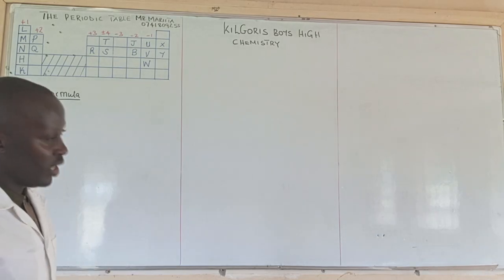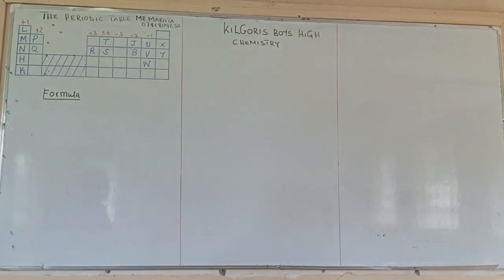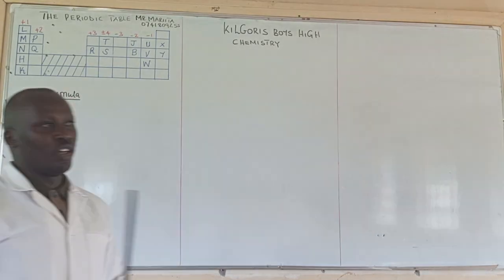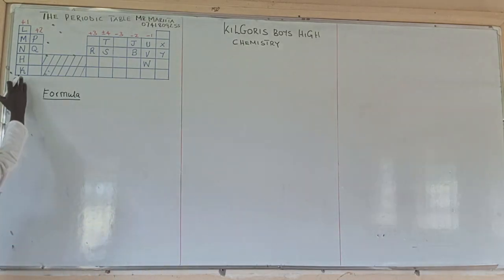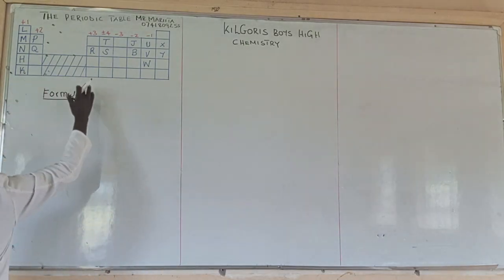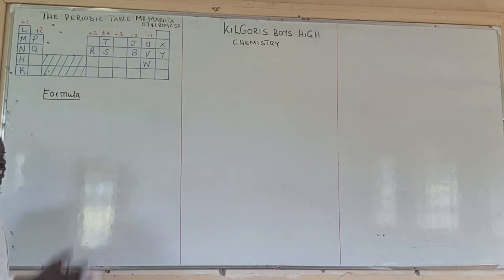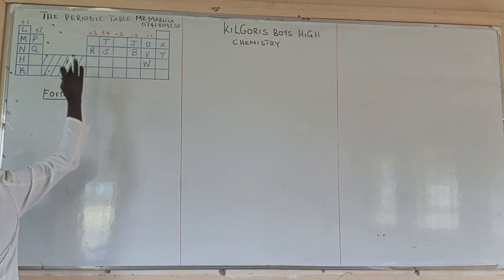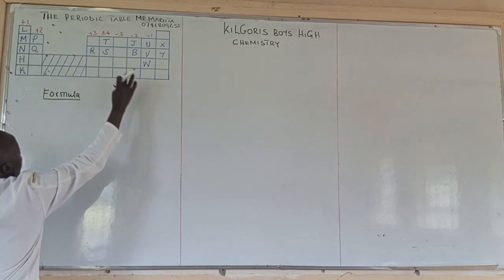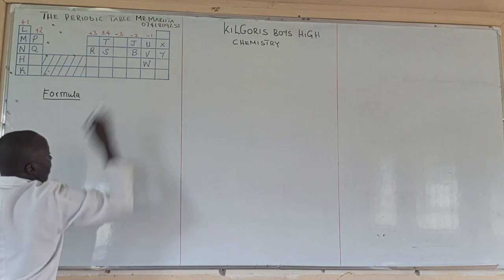When asked to write the formula of the compound formed, this is the technique you are supposed to use. Here we have group 1, group 2, then this region here represents the transition elements. Then we come to group 3, 4, 5, 6, 7, and 8.